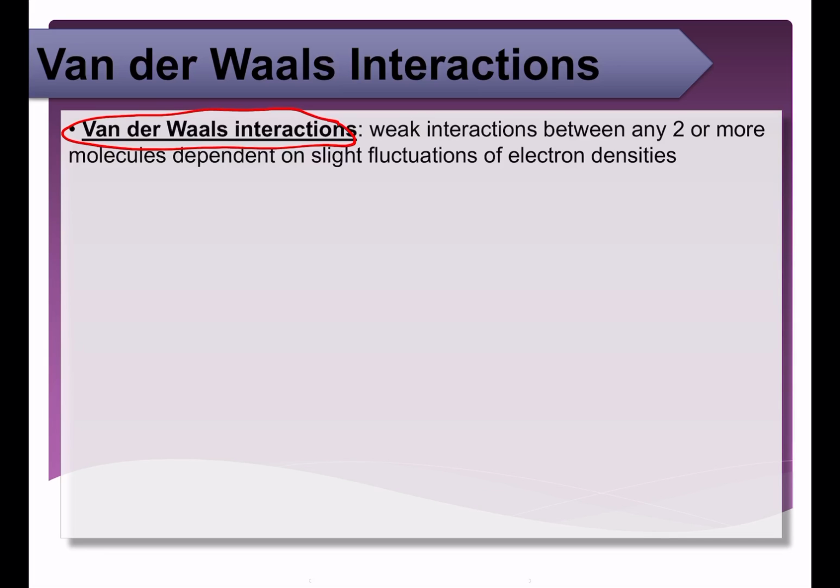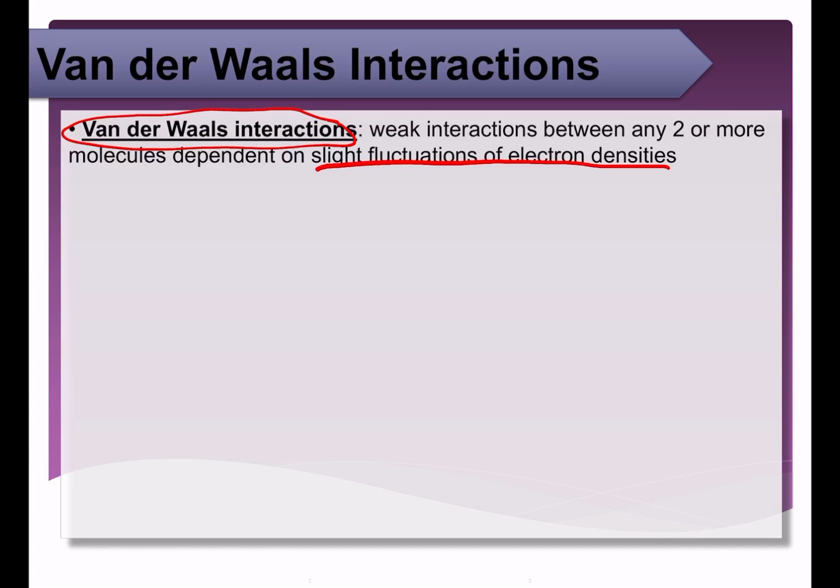Now, van der Waals interaction is the weakest type because it's not based on even slight charges. At least with hydrogen bonds, we have partial slight negative or positive charged atoms interacting with each other. For van der Waals interaction, it's based on slight fluctuations of electron density clouds that two molecules can have some sort of interaction with each other.